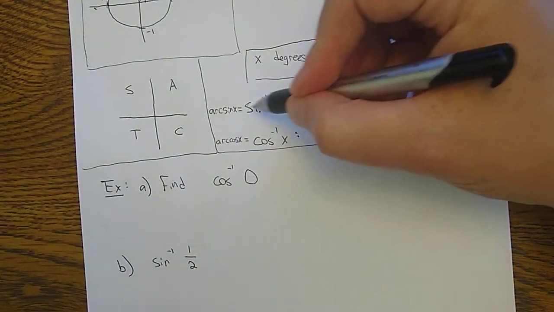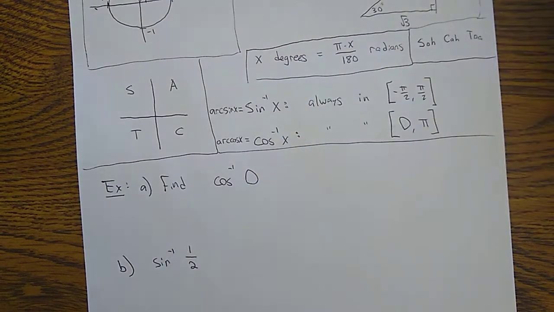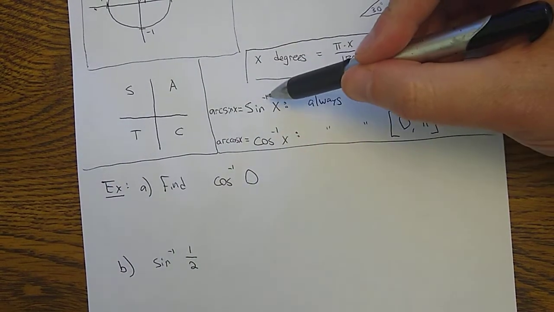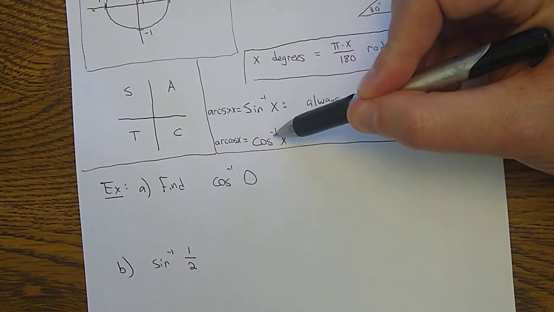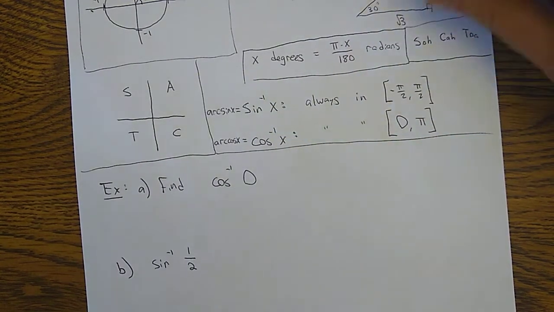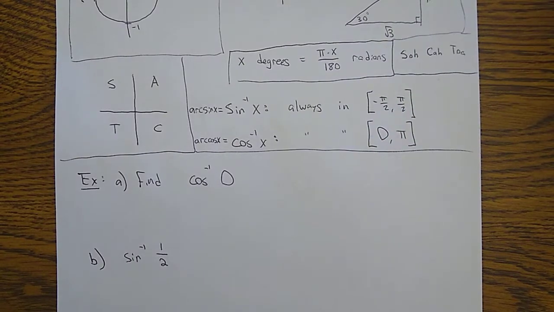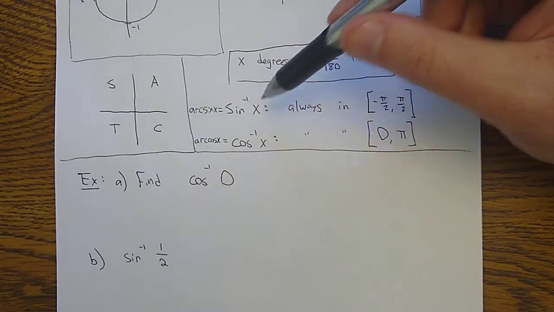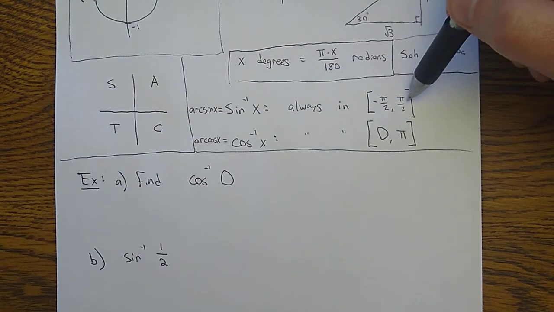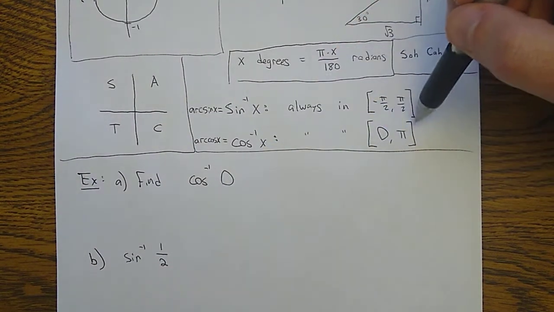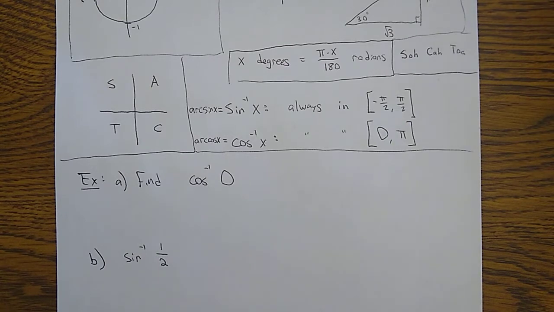But when I write it, I typically write it this way with the -1. This -1 looks like a power. Typically this is where we would write a power, but this is not a power. This is an inverse function. What you want to remember is that arc sine is always between -pi/2 and pi/2, and arc cosine is always between 0 and pi.